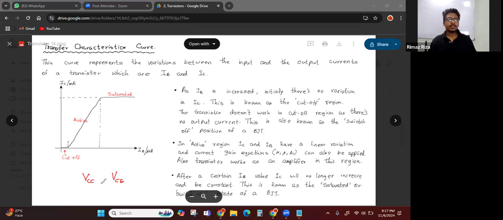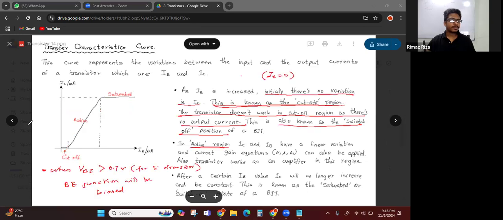Either one you can write, it's totally fine. In some textbooks they write VCC, in some they write VCE. So in this entire process we keep VCC constant.